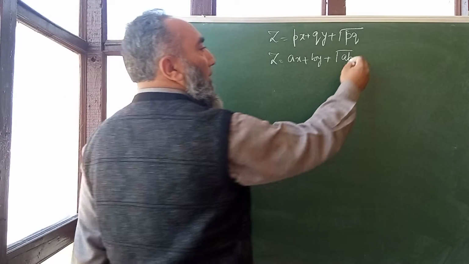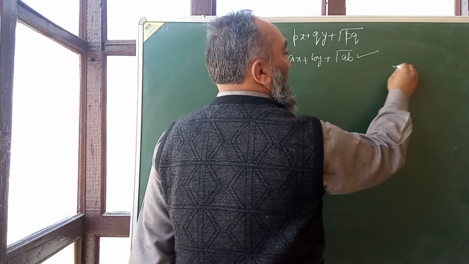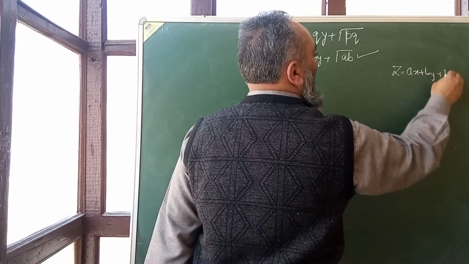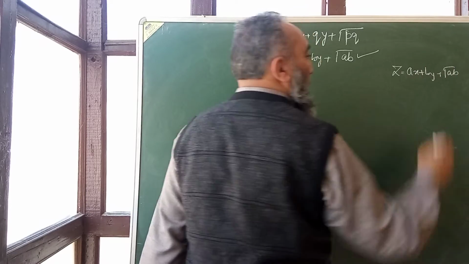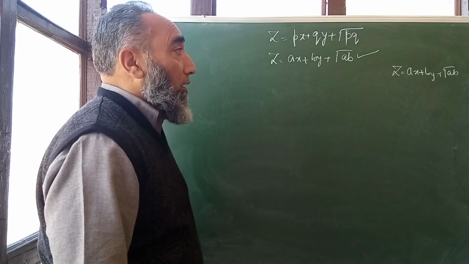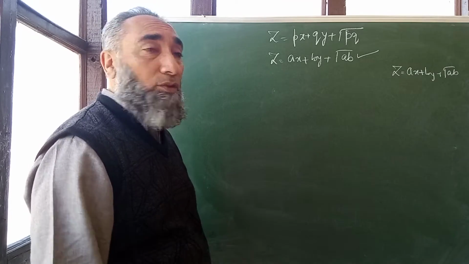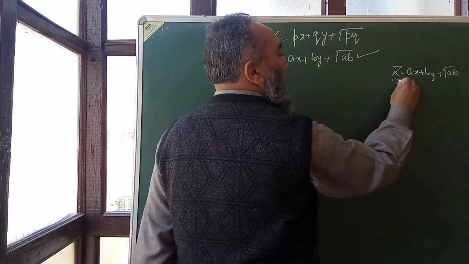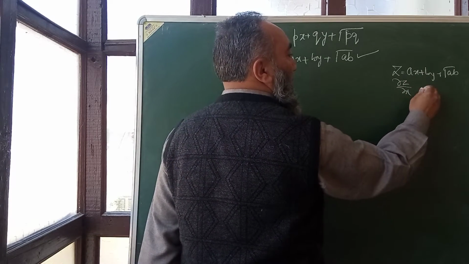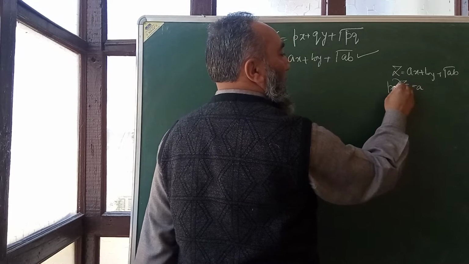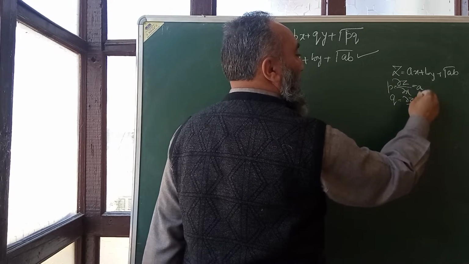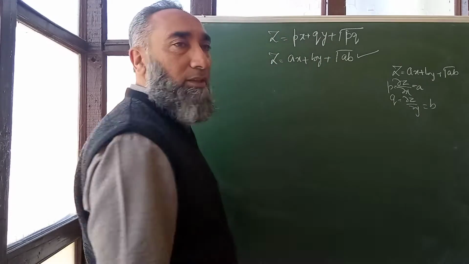Conversely, if we take this function ax + by + root of ab and are supposed to find the partial differential equation by eliminating arbitrary constants, you could see del z by del x is a, so p is a, and q, which is del z by del y, is b.